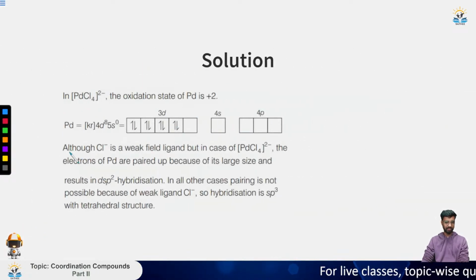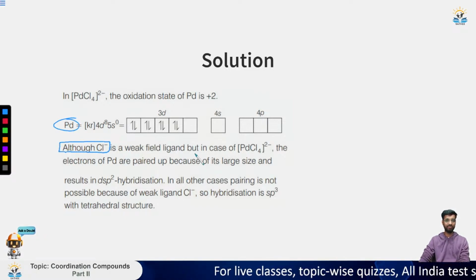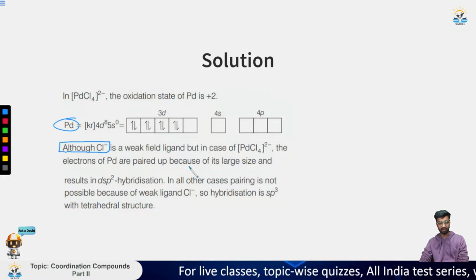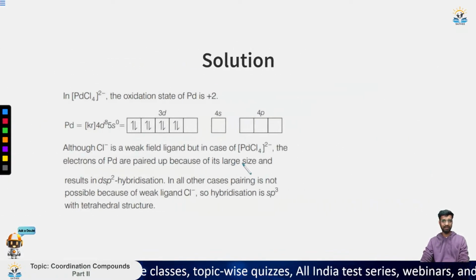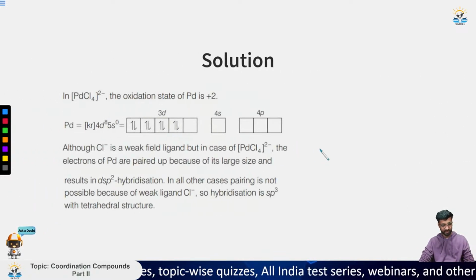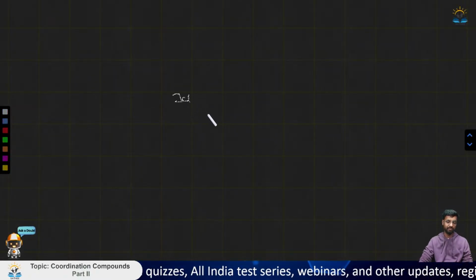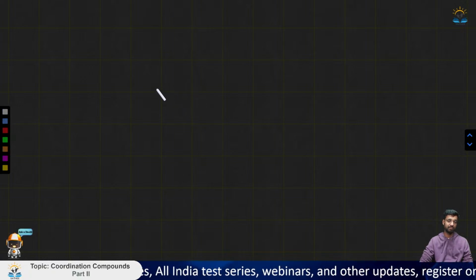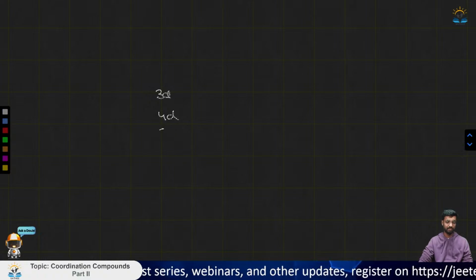So although Cl minus is a weak ligand, this Pd will form a low spin complex. Why is it so? The reason is that, let me make a point here. We have these three series: 3D, 4D, and 5D.